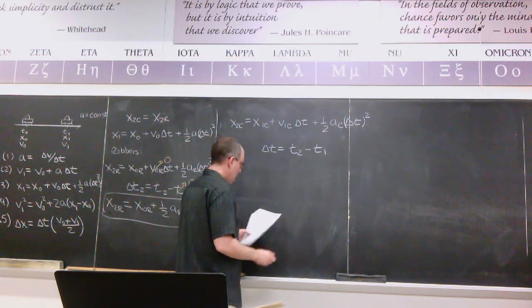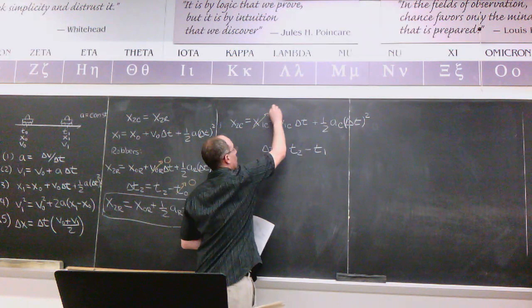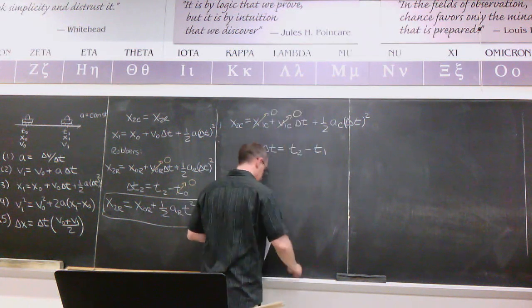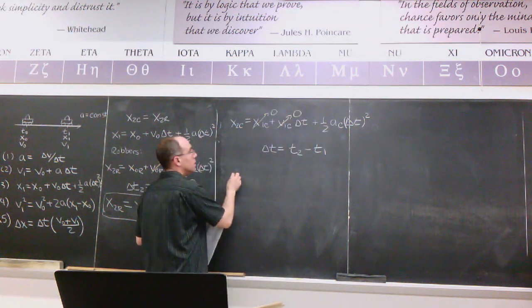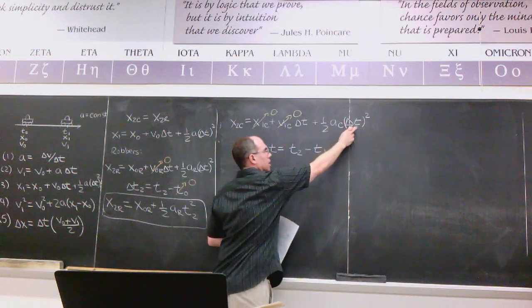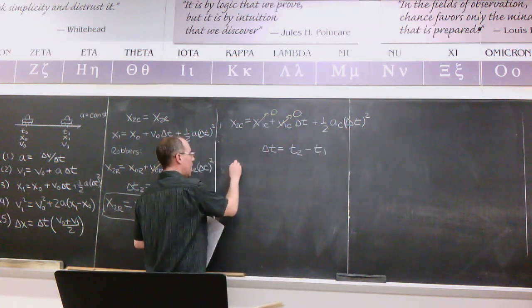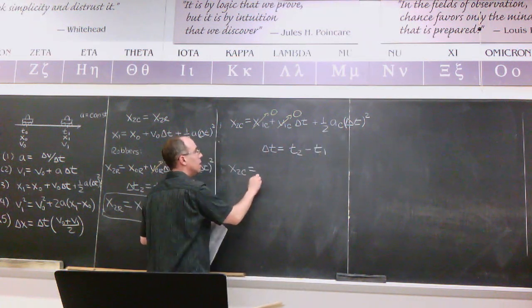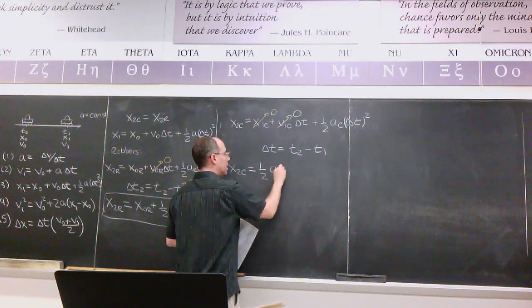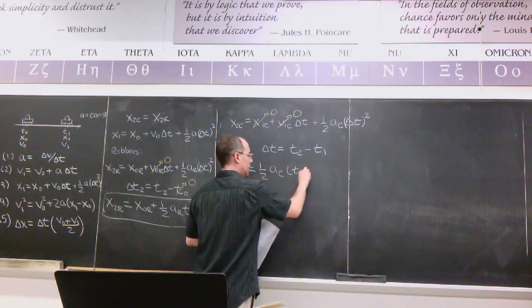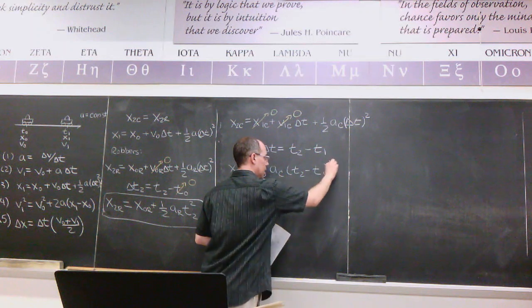Now we also have that x1 cops is 0 and v1 cops is 0. So making the substitution for delta t here, we have x2 cops equals 1/2 a cops (t2 minus t1) squared.